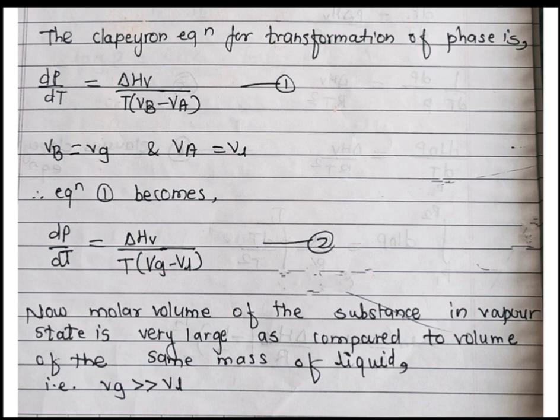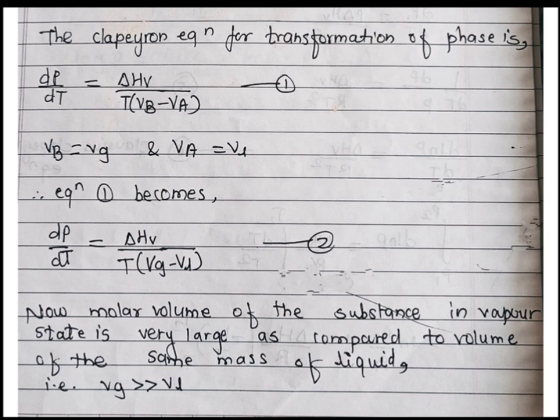So here dP is the change in pressure, dT is the change in temperature, delta HV is the heat of vaporization or enthalpy of vaporization, T is the temperature, Vb is the volume of the B phase, and Va is the volume of the A phase.